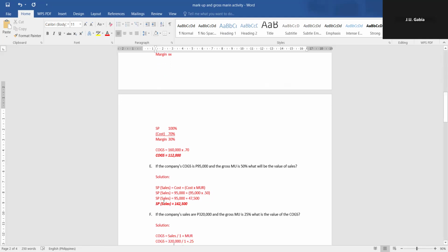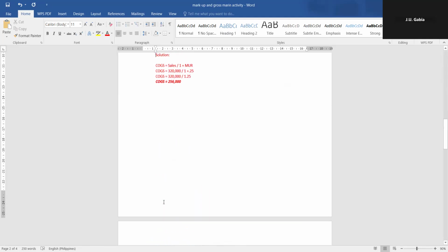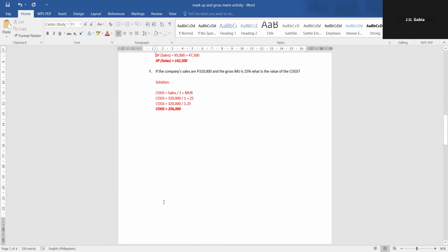the selling price is 142,500. Now for the last item, letter F: if the company sales are 320,000 and the gross markup is 25%, what is the value of the cost of goods sold?